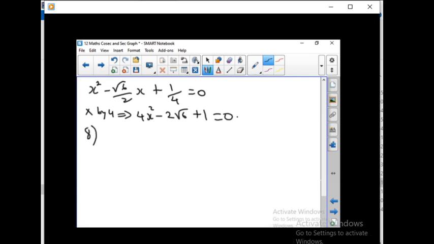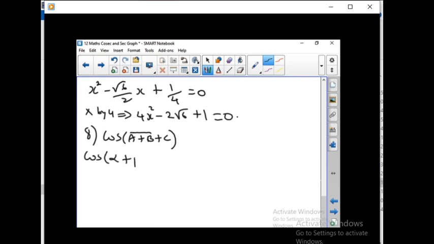So, next we will go to question number 8. Expand cos(a plus b plus c) and prove that. So, here we can take a plus b as one term. So, a plus b plus c. In the place of alpha we can take a plus b and beta is c.